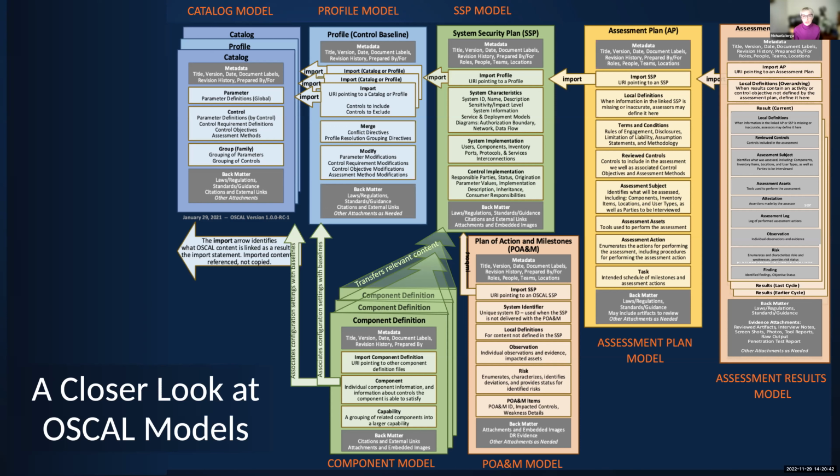The same way, the assessment results model is used to capture the real assessment activities, allowing you to document additional findings, to capture all the observations, to identify the risk, and then to take those, pack them, and move them into a plan of actions and milestones that is aligned with the system security plan, and convey that information, all the risks and the findings, back to the system owner to address them or to assume the risk.